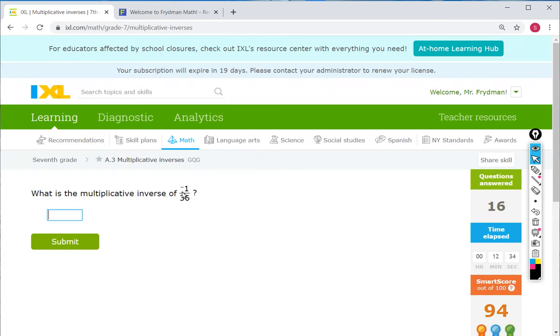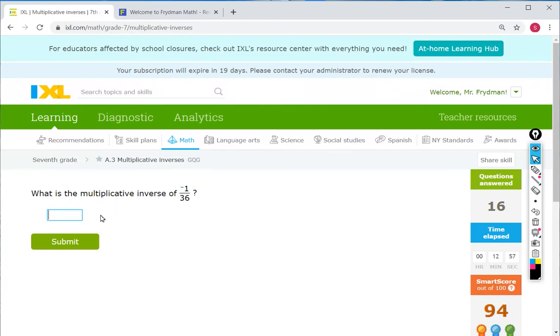And again, the reason for that is because we're trying to find the number that, when multiplied with this number, gives us positive 1. So we want our multiplicative inverse number to also be negative, because then we would have a negative times a negative, which is positive, which is what we want.